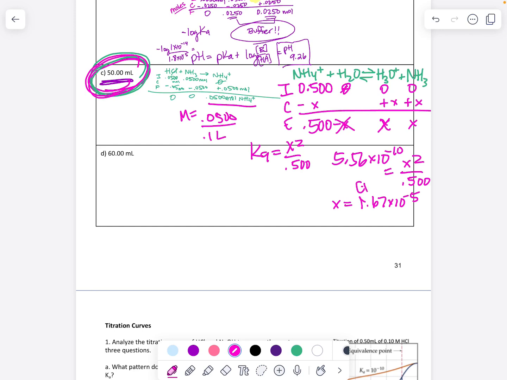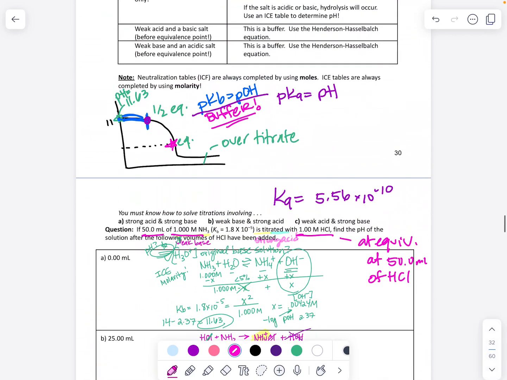This is the concentration of H3O plus. If I take the negative log of that, that will give me pH, and I get then a pH value of 4.778 at this point. Notice this is less than 7, so it's not quite neutral because of the hydrolysis that happens with the conjugate acid of my weak base.